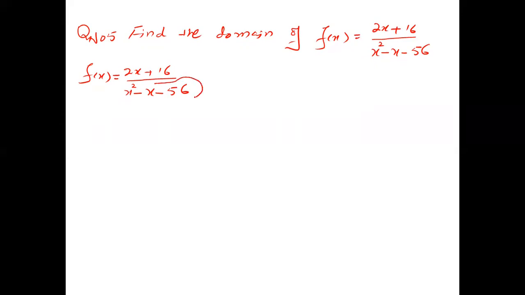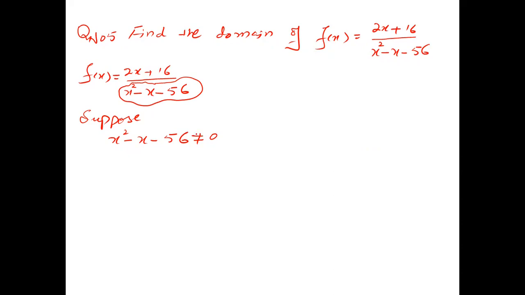So take this portion and suppose it should not be equal to 0 in every question of domain. So suppose x square minus x minus 56 is not equal to 0.